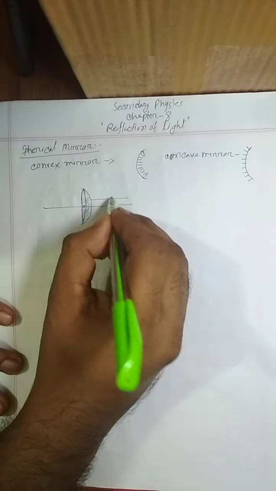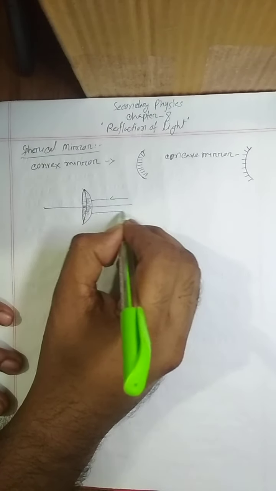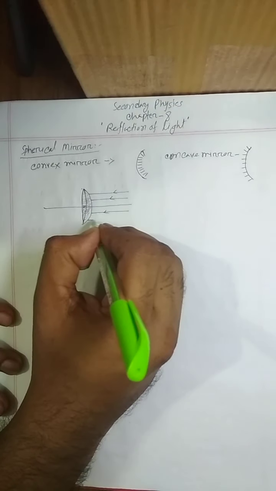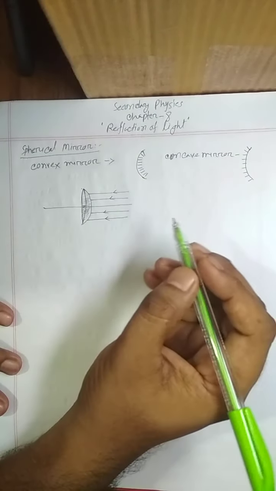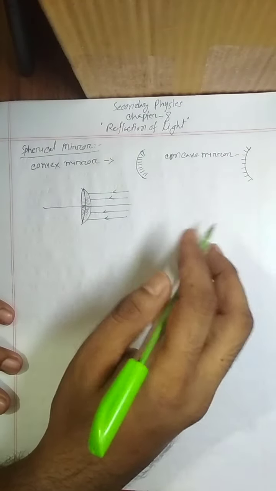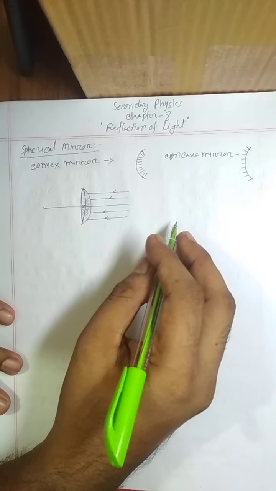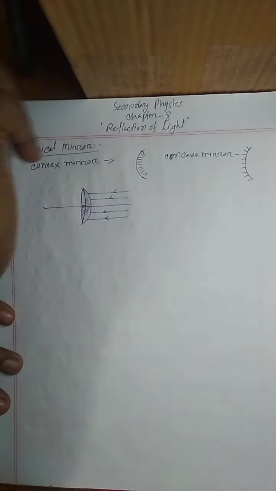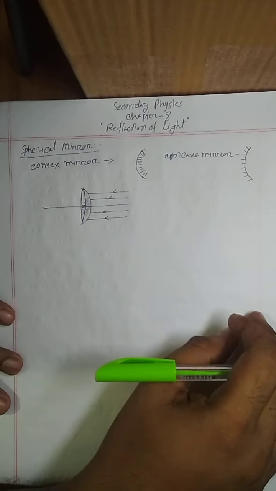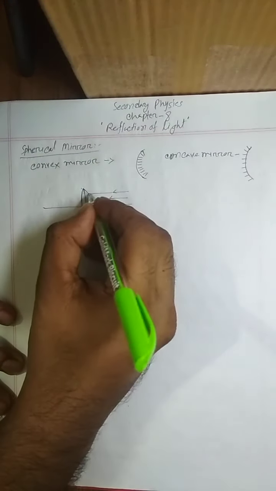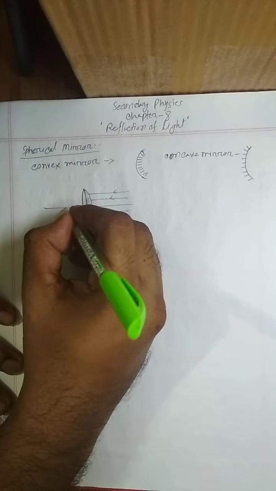A beam of light, parallel to each other, reflects and seems to come from a point.